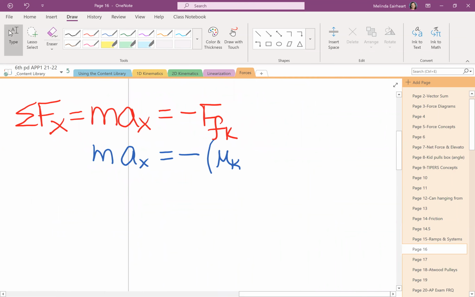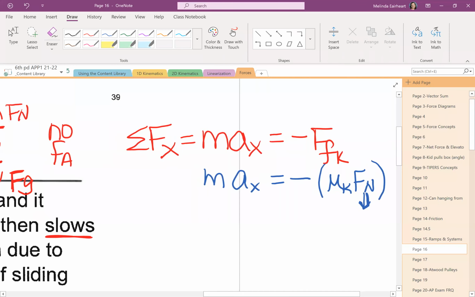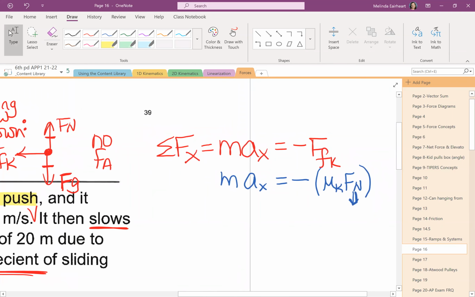Okay, so mu K times Fn. Now I'm just putting it in parentheses because that negative is the negative force. I don't want you thinking it's a negative coefficient. There is no such thing as a negative coefficient. Well, let's keep it going. Tell me more about the normal force. On our diagram, it looks like we already said it.